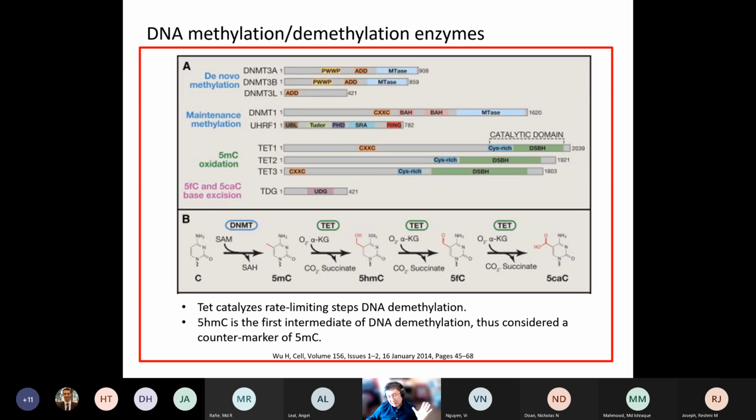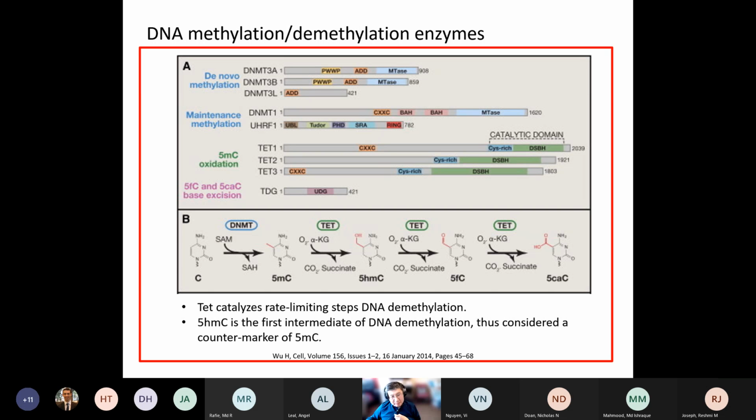SAM is a molecule. I don't know if you're learning about chemistry or not, but the donor of the methyl group is SAM, a one carbon donor, basically. It will give you the methyl group, and the DNA methyltransferase will add that methyl group to the cytosine. Therefore, we have a 5-methylcytosine, 5-mC.